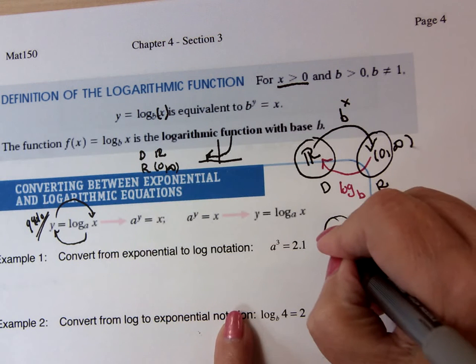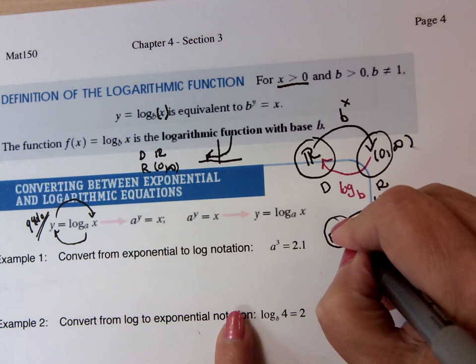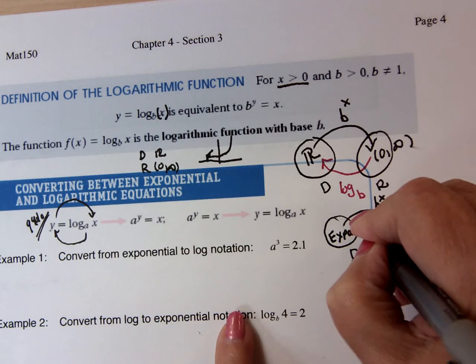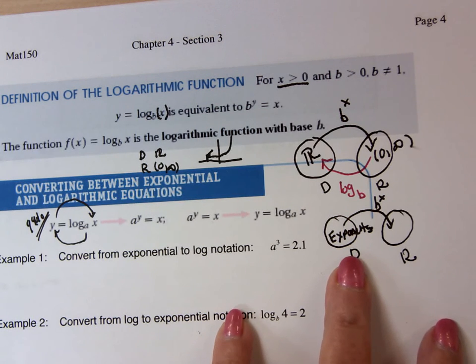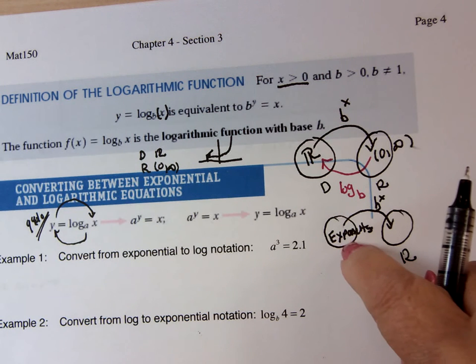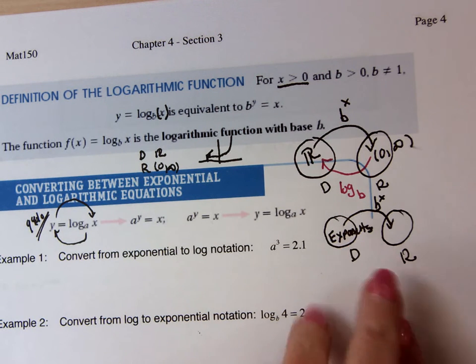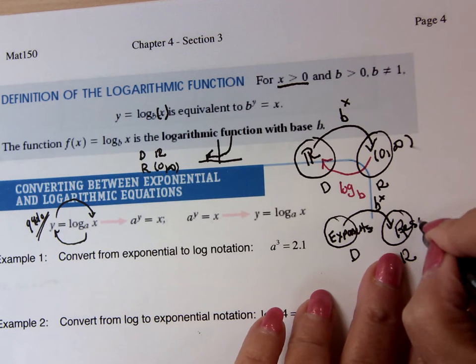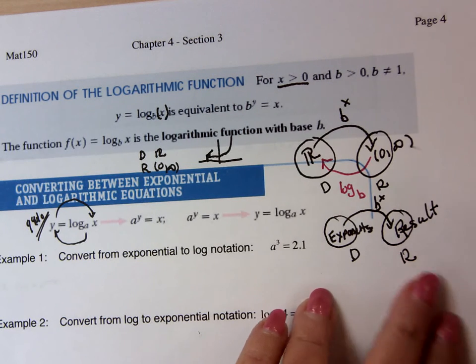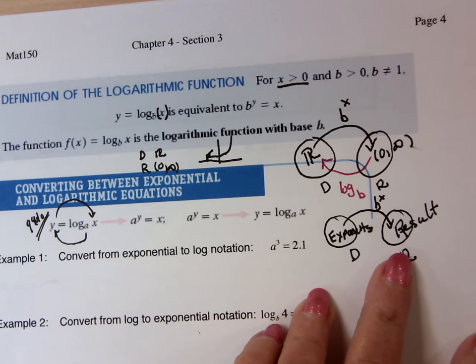So these are exponents. I pick a value, put it up where the exponent is, and then I raise b to that power. I always call this the result, the result of raising b to that exponent power.